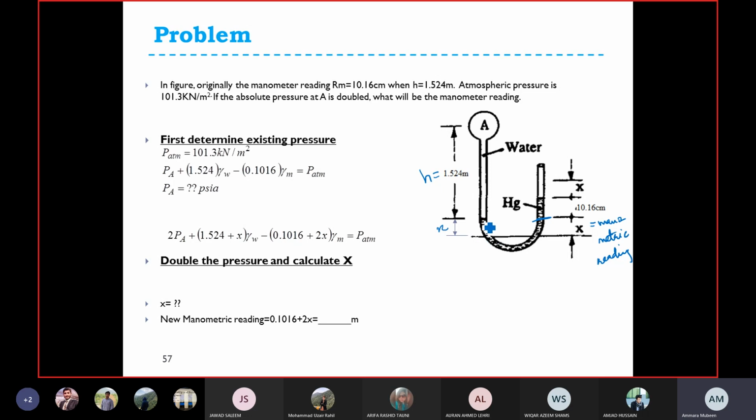If x distance is pushed downward in one tube, then with the same dimension it would be pulled up in the other tube. So now the liquid will be from here up till here.